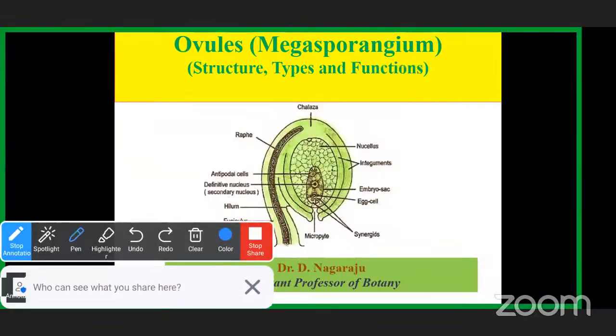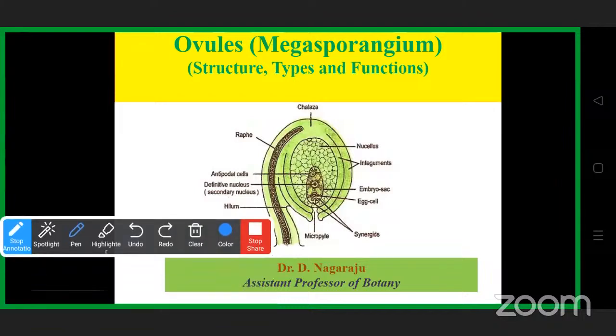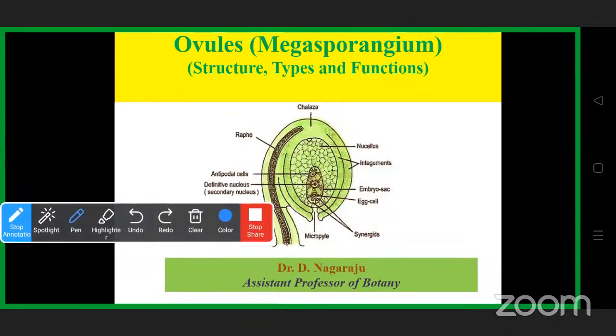Megasporangium or ovule: the structure, types, and functions. And megasporogenesis: how the megaspores are generated, and the types of megasporogenesis.